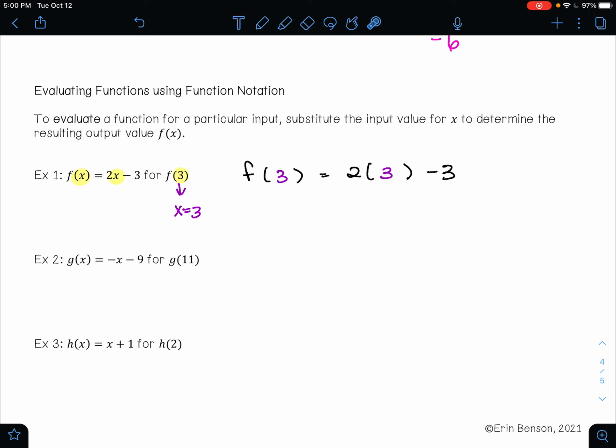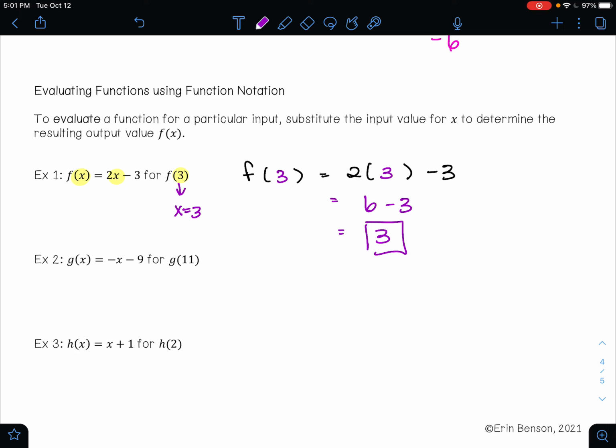There is nothing to do over here. This is just notation. This is saying, hey, we're looking at the function f, and we're plugging in 3 for x. Over here, all you have to do is the order of operations. You can use your calculator to help you do that. Positive 2 times 3 is positive 6. 6 minus 3 is 3. So our answer is 3.